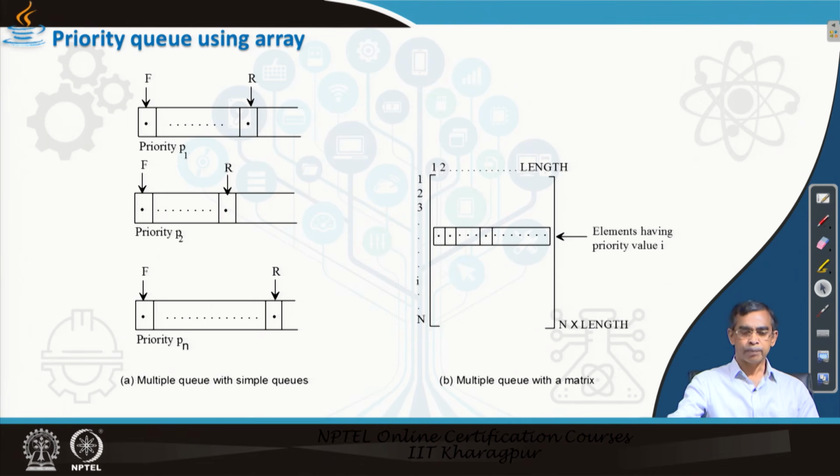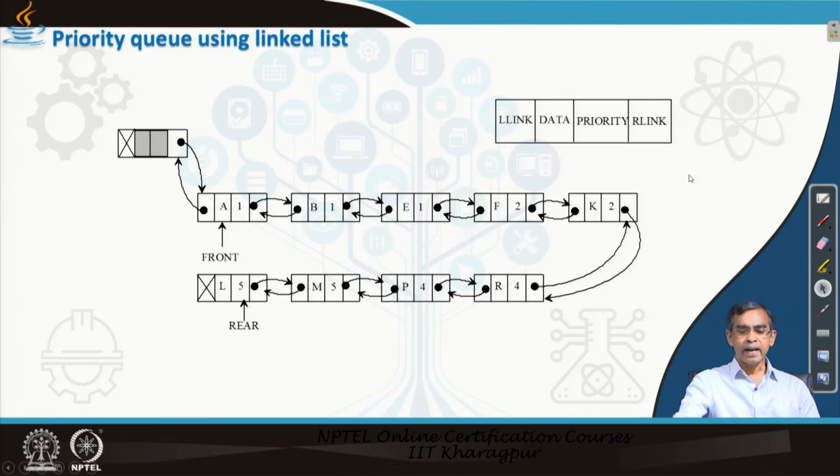There is a better idea, obviously using a linked list, because it grows dynamically. Removal happens at the front, but insertion happens according to priority value, so elements are inserted in sorted order of their priority.